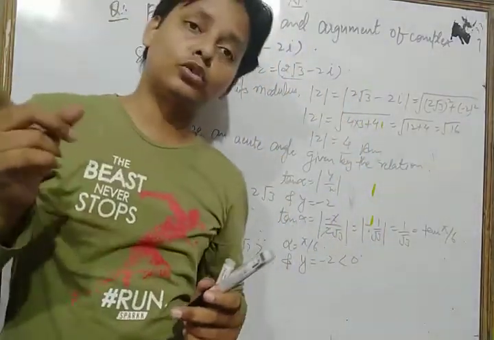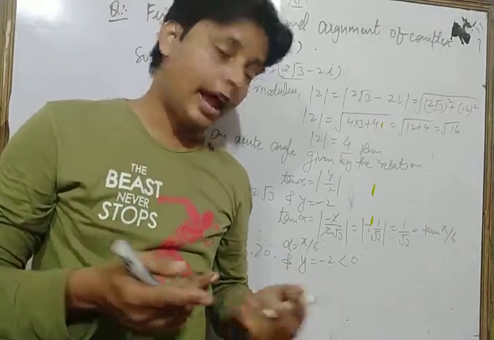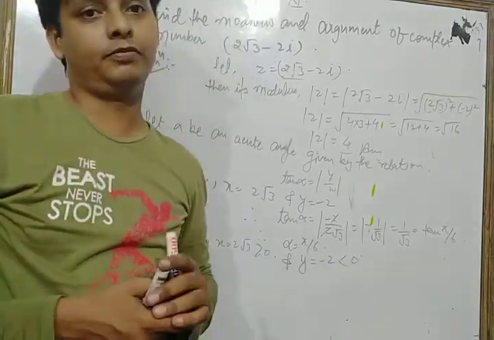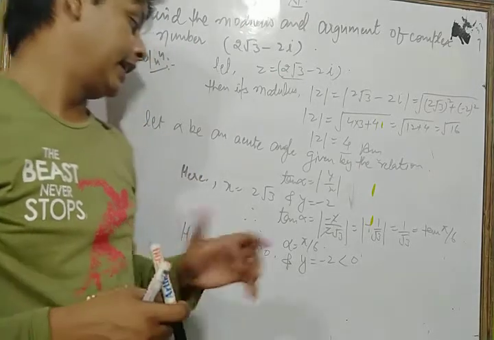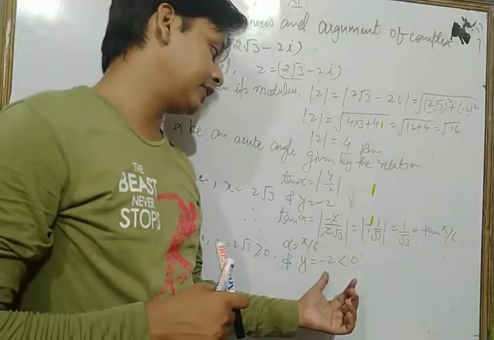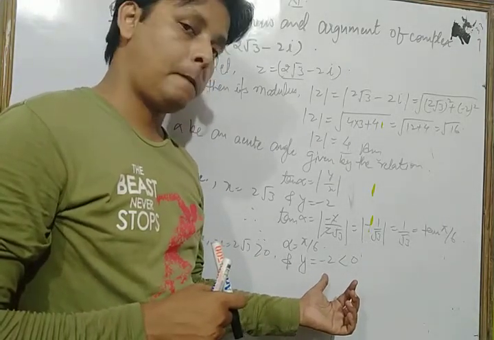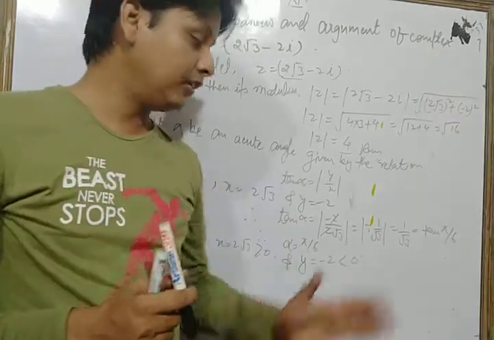So x is positive and y is negative. This is very important. Here x is positive but y is negative, so in the Argand plane it lies in the fourth quadrant.